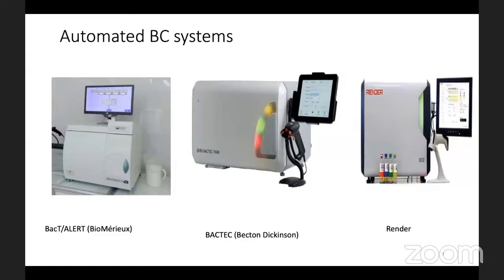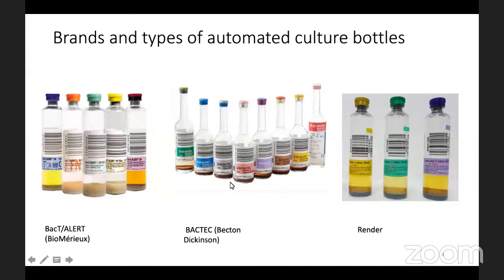And then quite recently, the Render is also popping up and gradually spreading on the market. These are examples of automated blood culture systems that we can have. They come with their specialized vials or blood culture bottles. What we see here is for the BacT/Alert, this is for the BD, and this is for the Render.